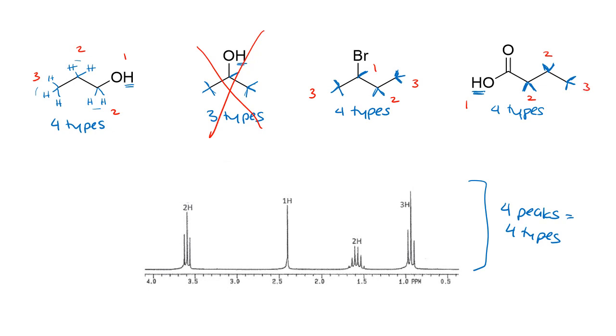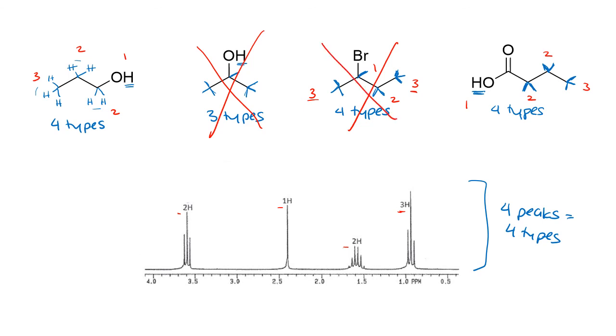Now taking a look at our NMR spectrum, we have 2 hydrogens, 1, 2, and 3. So we want to find structures that contain a set of 3 hydrogens, 2 sets of 2 hydrogens, as well as a set of 1 hydrogen. So our first structure can fall under that category. Our third does not work because we have 2 sets of 3 hydrogens. So we'll go ahead and cross that out.